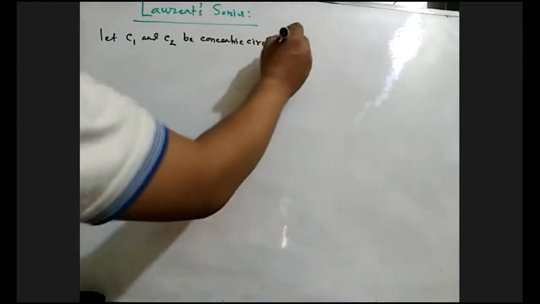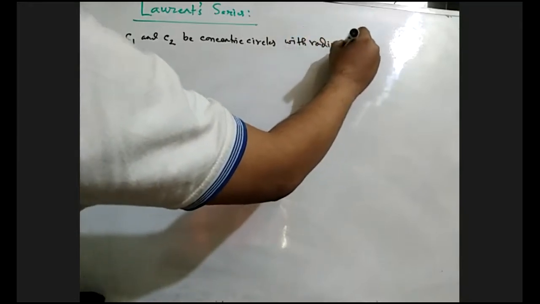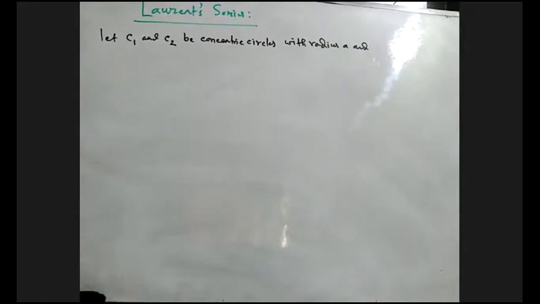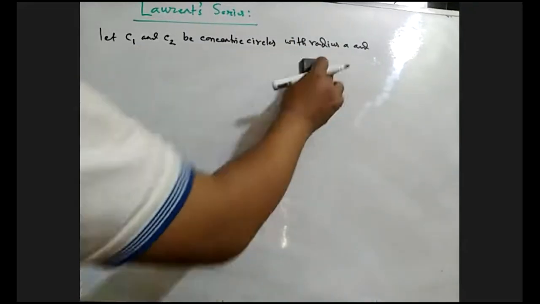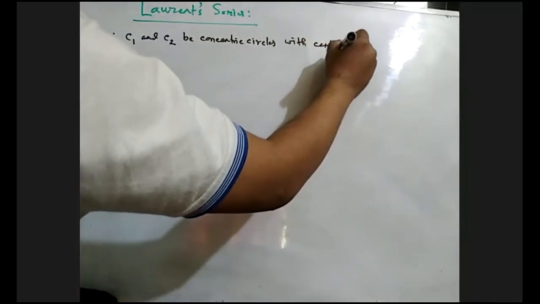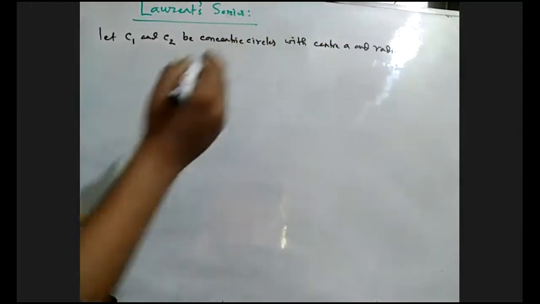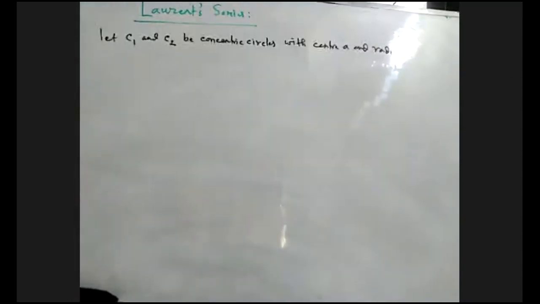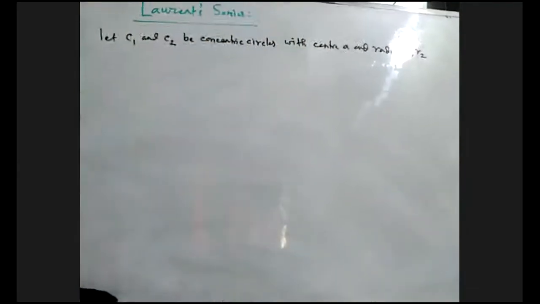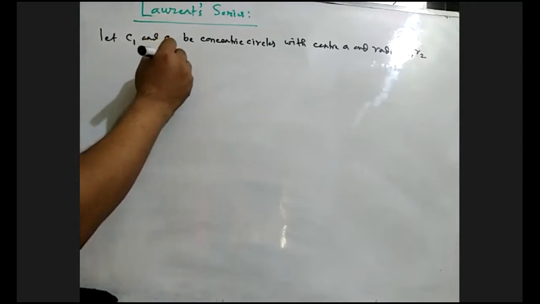with center a, and radii, actually radii means plural of radius, R1 and R2, where R1 is greater than R2.